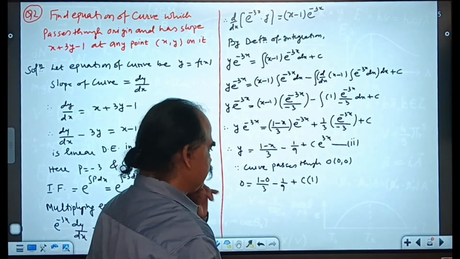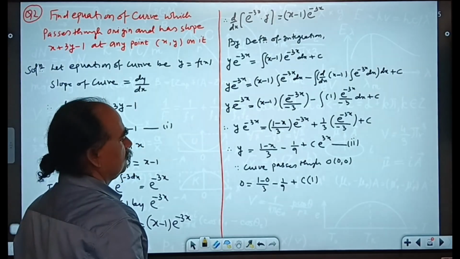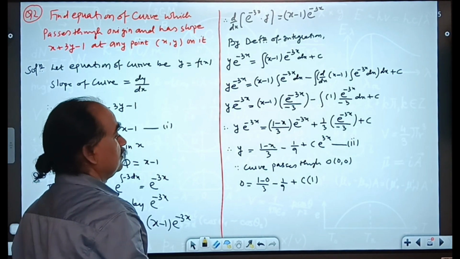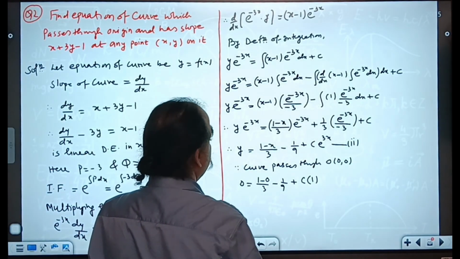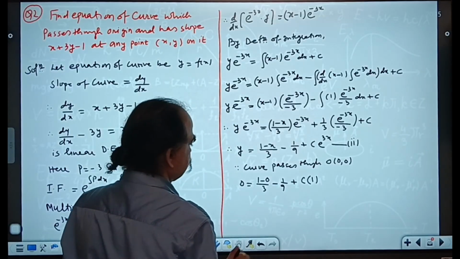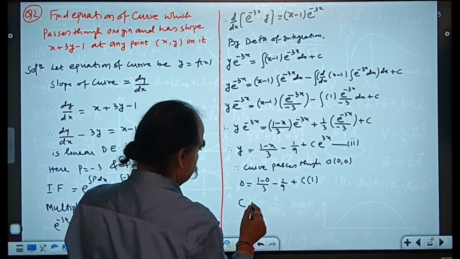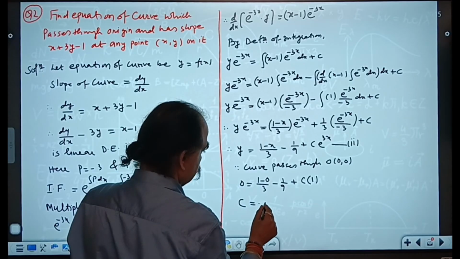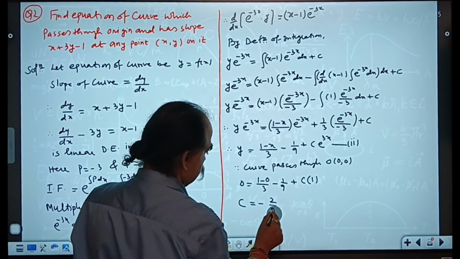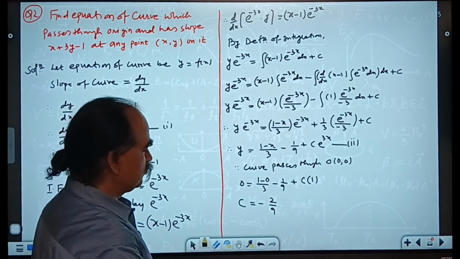So 1 by 3 minus 1 by 9 will be 3 minus 1, 2 by 9. So c is minus 2 by 9.